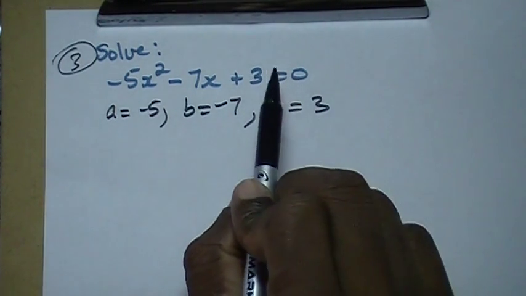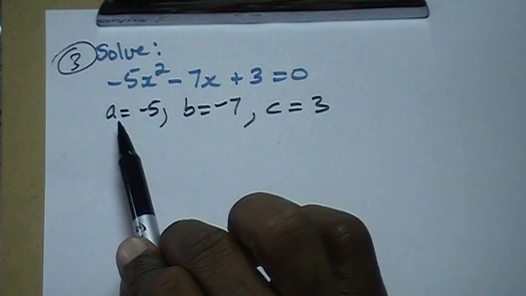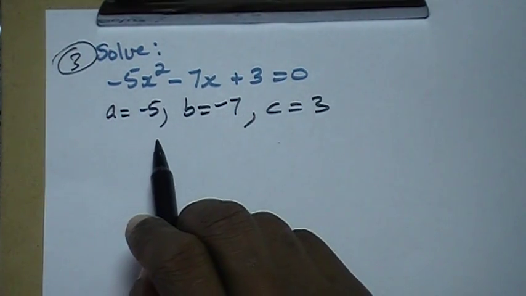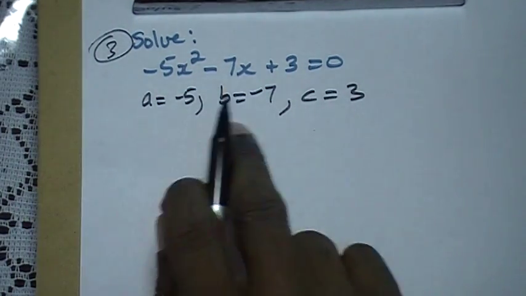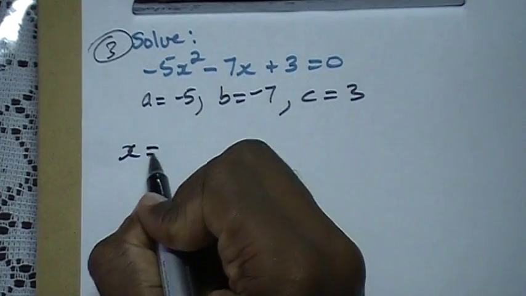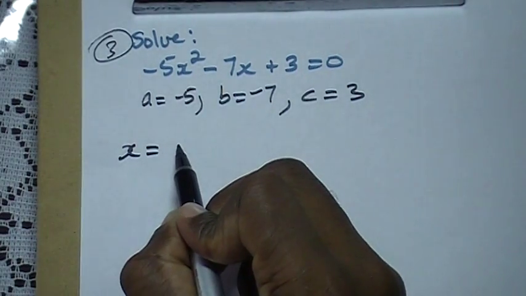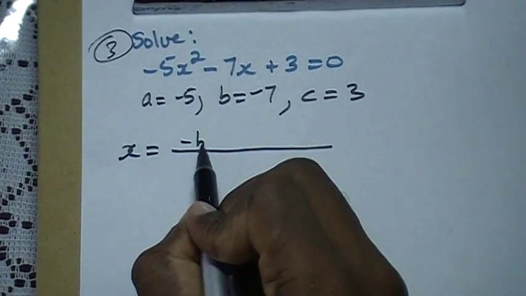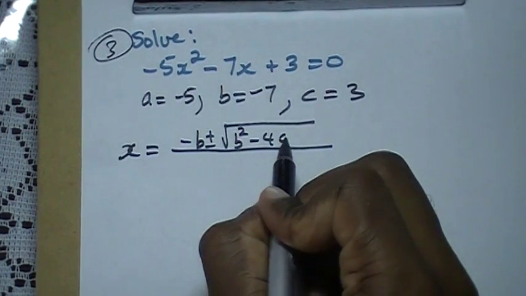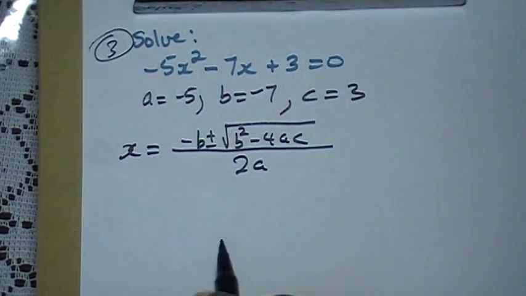You should always ensure first it's in standard form. Because it is, our first step is simply to label what a, b, and c stand for. The next step is to substitute these values into the formula. And the formula is negative b plus or minus the square root of b squared minus 4ac, over 2a.